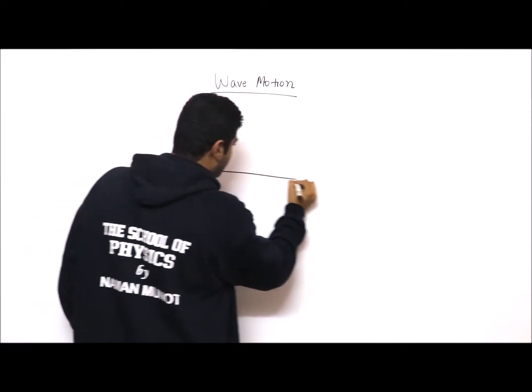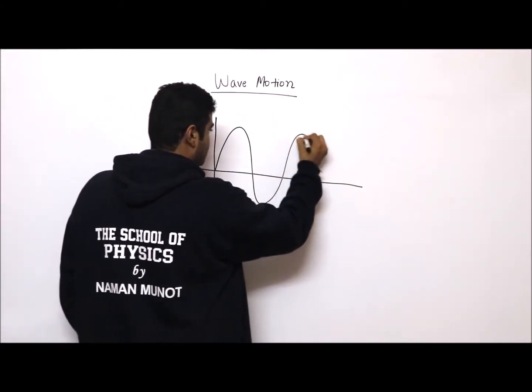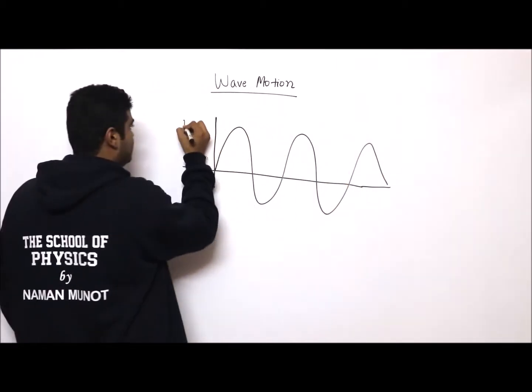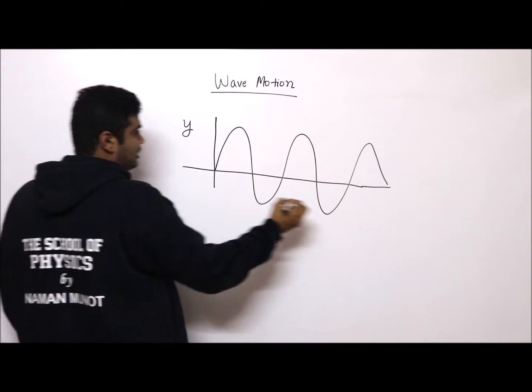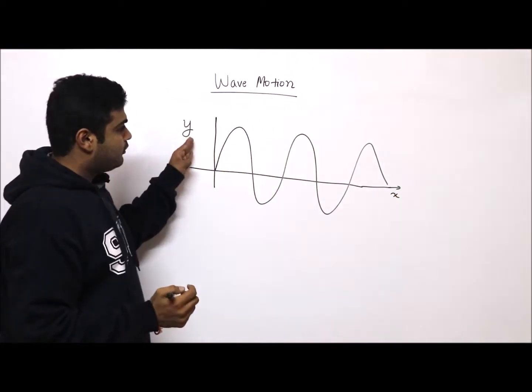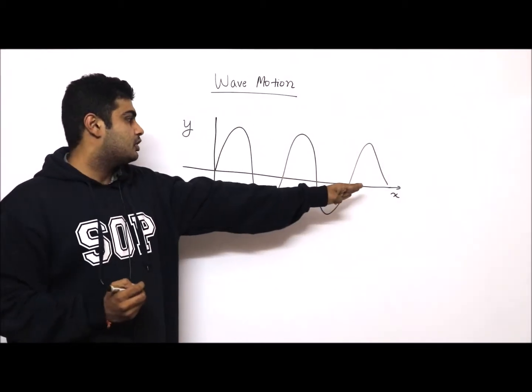First of all, let me teach you how to write a wave equation. This is what a wave equation looks like. This is the y direction and this is the x direction. A wave equation is the representation of the position of y with respect to the position of x.